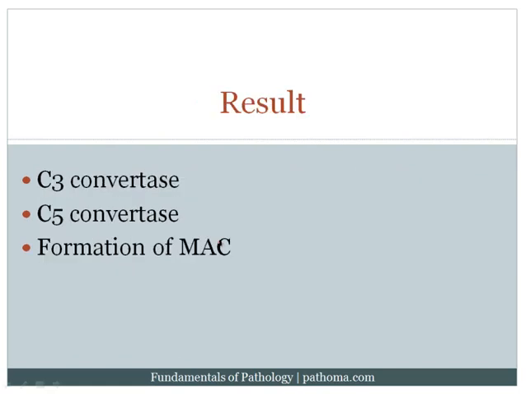The result of activation of complement is a little bit complicated, but can be summarized in just a very few simple principles. All pathways sort of lead to the same result, which is that eventually C3 convertase gets generated.